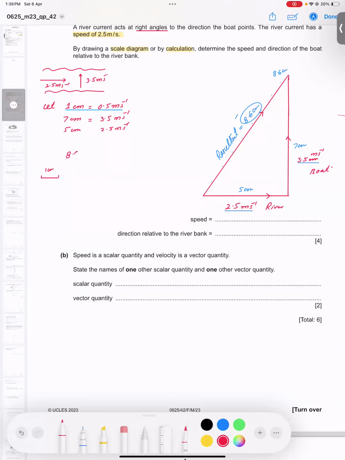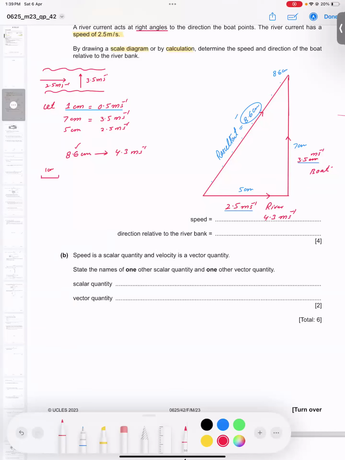So 8.6 centimeter will be equal to 4.3 meters per second, because I multiplied this length by the used scale, 8.6 multiplied by 0.5. So here I have the answer, 4.3 meters per second.